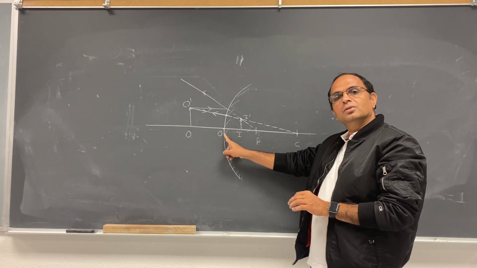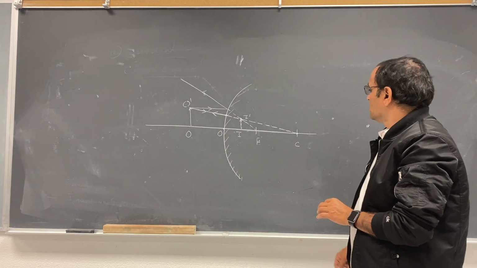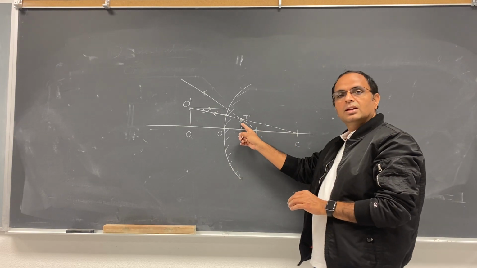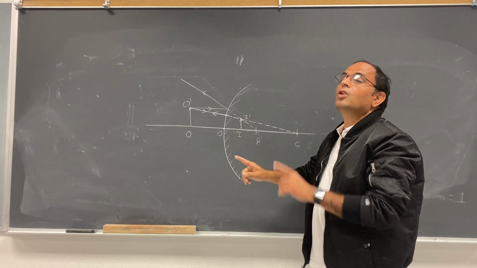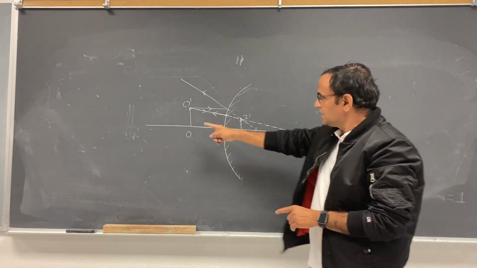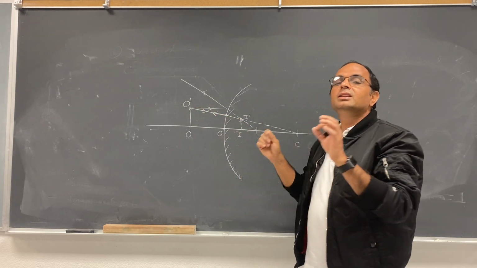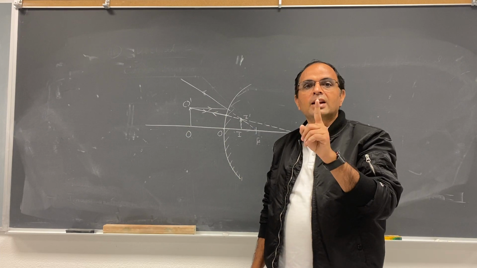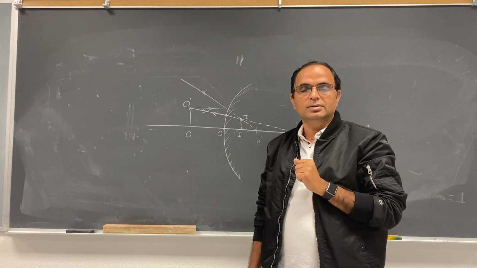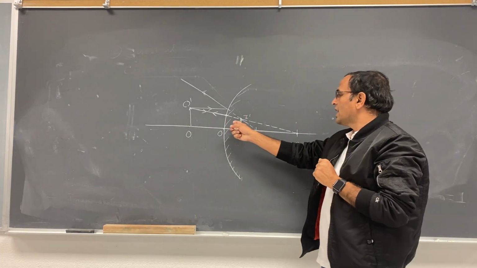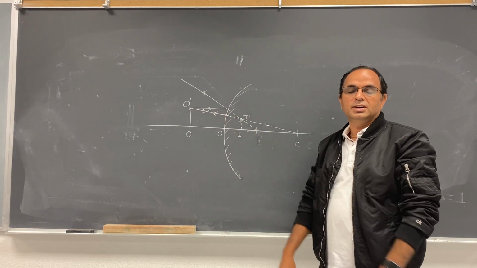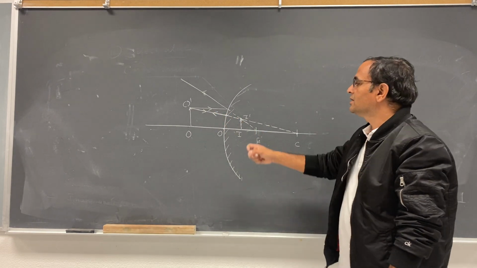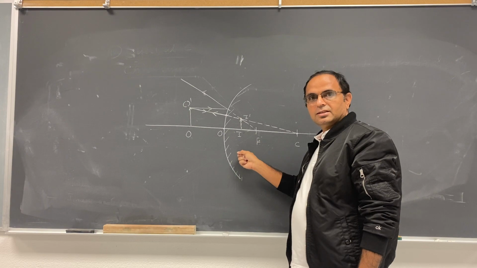Number two, the image is upright, the object is also upright, and it is a virtual image. If the image is upright, that image is always virtual. And the image size is smaller than the object size.